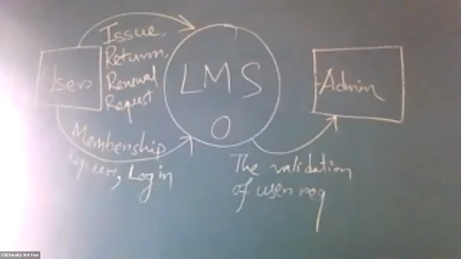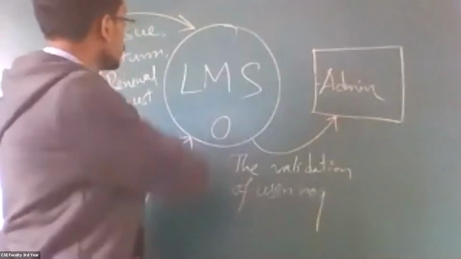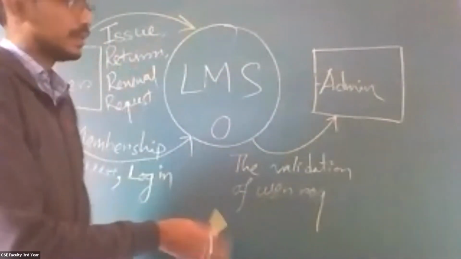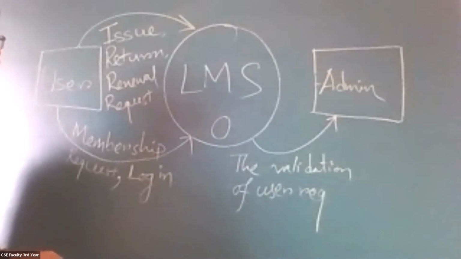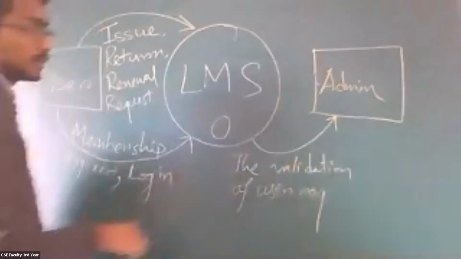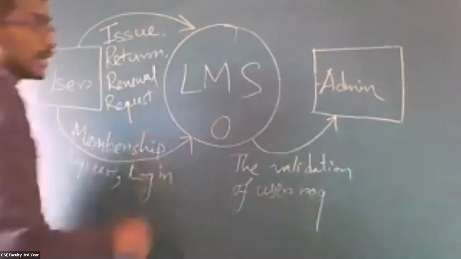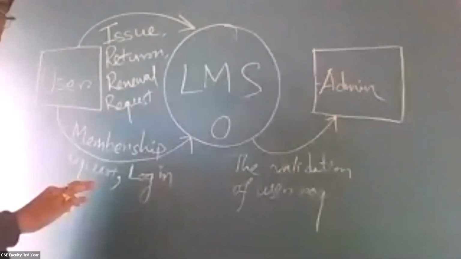Is that clear? Yes, sir. Now, if user requests something to the library management system, and library management system forwards this request to admin, admin checks the validation of the request.